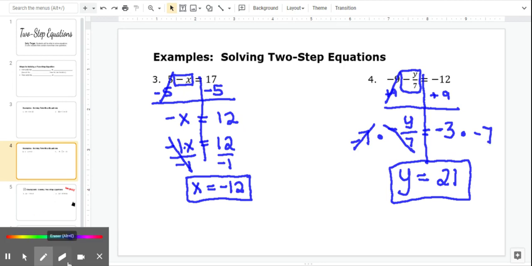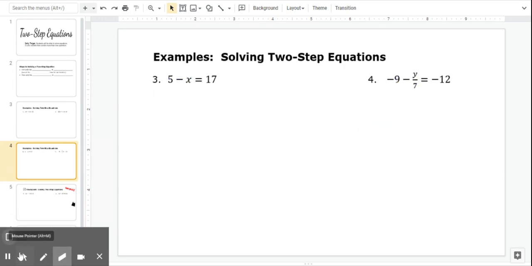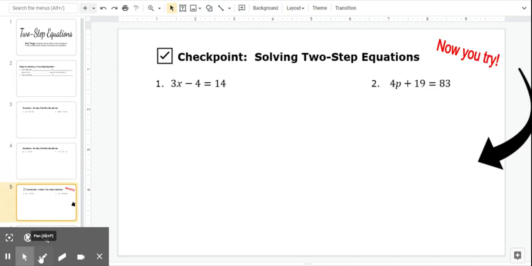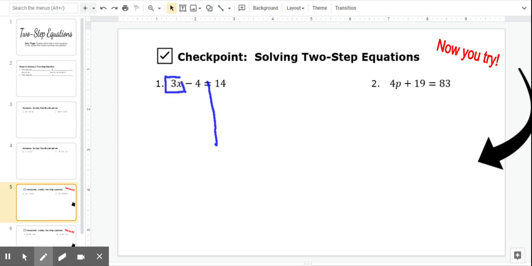All right, your turn. Let's go through some problems together. So problem 1, which part of this expression would I box off? I would box off the 3x. Outside of the box, I see a minus 4. How do I undo a minus 4?